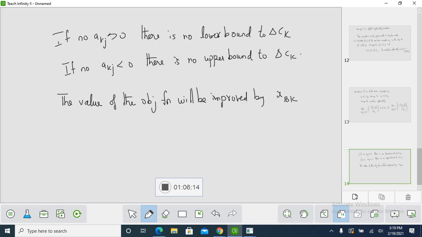That is, the new solution that I get, z star, will be z plus xpk into delta cbk. Now if you just look at this, it will make no sense for you. In the next class I will do a problem: when there is an Akj greater than 0, what happens? When there is no Akj greater than 0, what happens? With that we will be concluding in the next class.